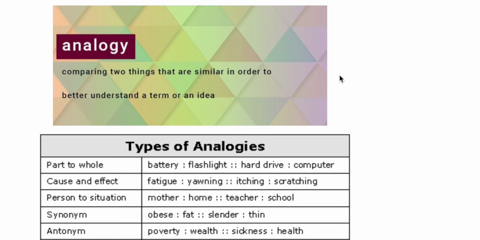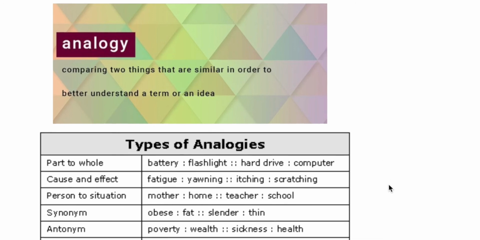But of course, this is not relevant anymore. But in the past, yeah, that's how we associate color to person. Let's say fish is to water and bird is to blank, and then we will have to choose air as the answer because they fly. So analogy is in a way that you compare many things, two things or four things, by associating them with one another. So here are types of analogies.